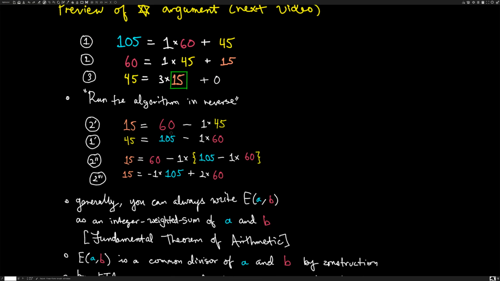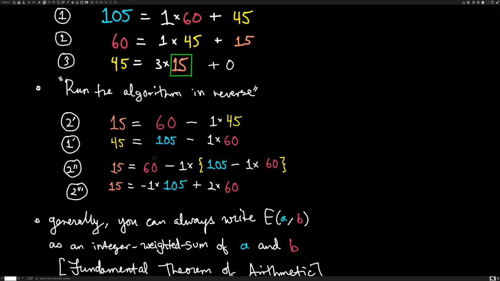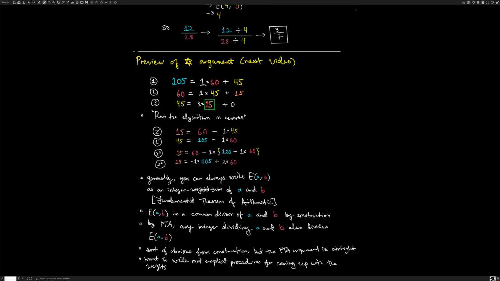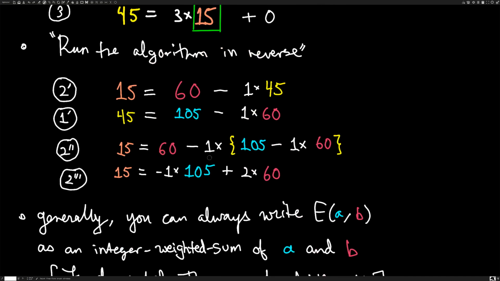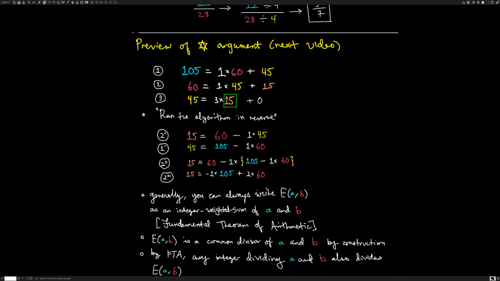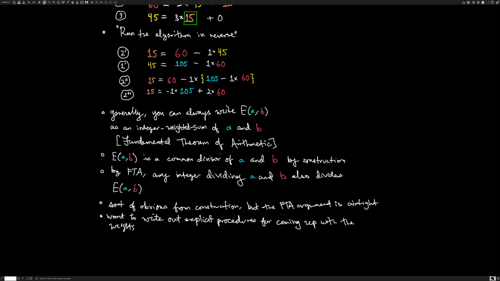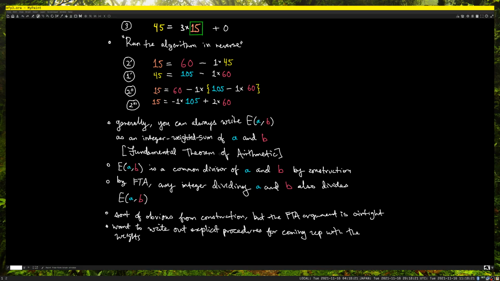When we do the Euclidean algorithm, we discard the quotients, but for this, you do have to pay attention to these quotients, which I told you were unimportant. They're important for coming up with these coefficients, or the weights. But that's something we're going to do next time.